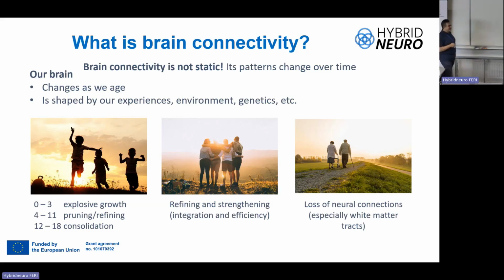Well, we can think about other effects during this stage, but also the brain consolidation, I was thinking about my daughter, the consolidation of the brain connectivity. When you are adult, integration and efficiency, and at the end, we are approaching this state. So the loss of neural connections, not only the disease in neurodegenerative or cognitive problems, but also, normally you have white matter tracts, etc.